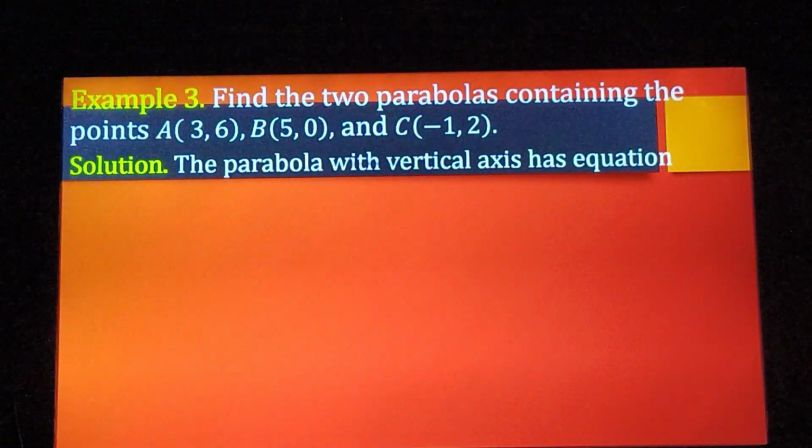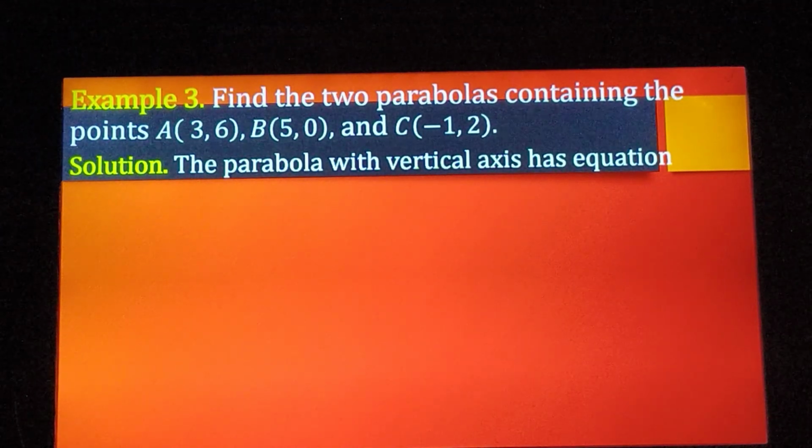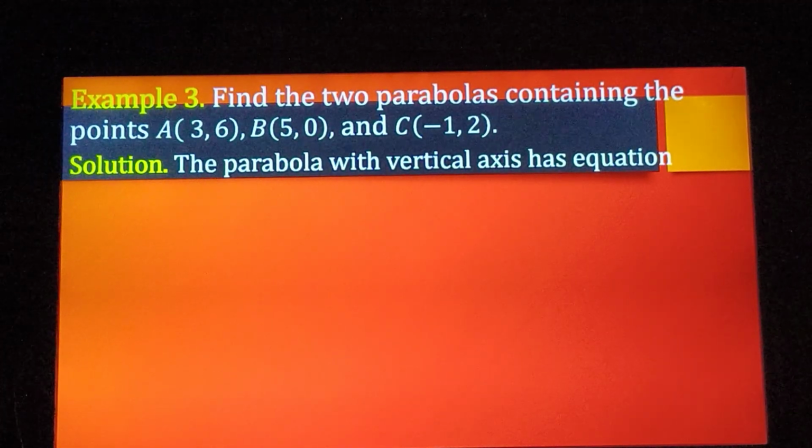Example number 3. Find the 2 parabolas containing the points A, B, and C. A has coordinates (3, 6), B has coordinates (5, 0), and C has coordinates (-1, 2).